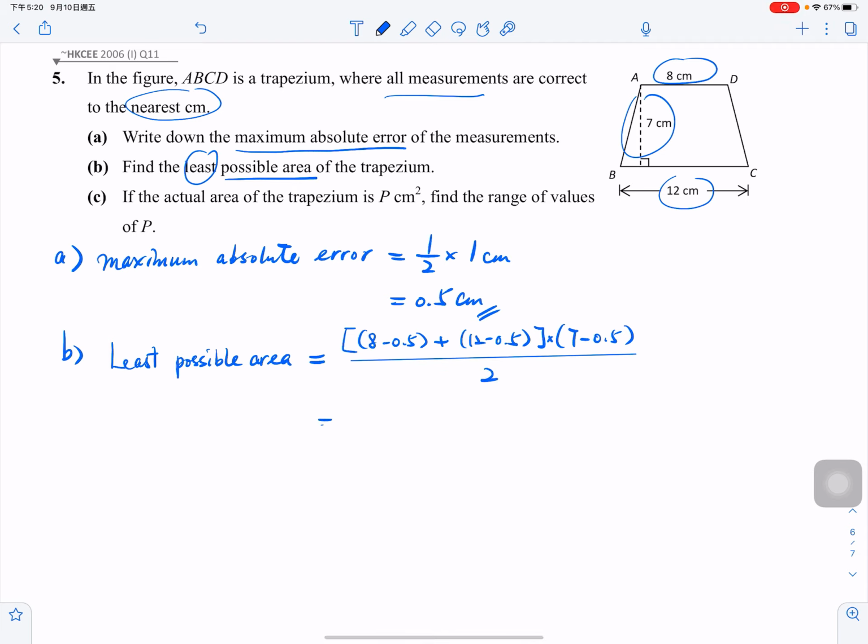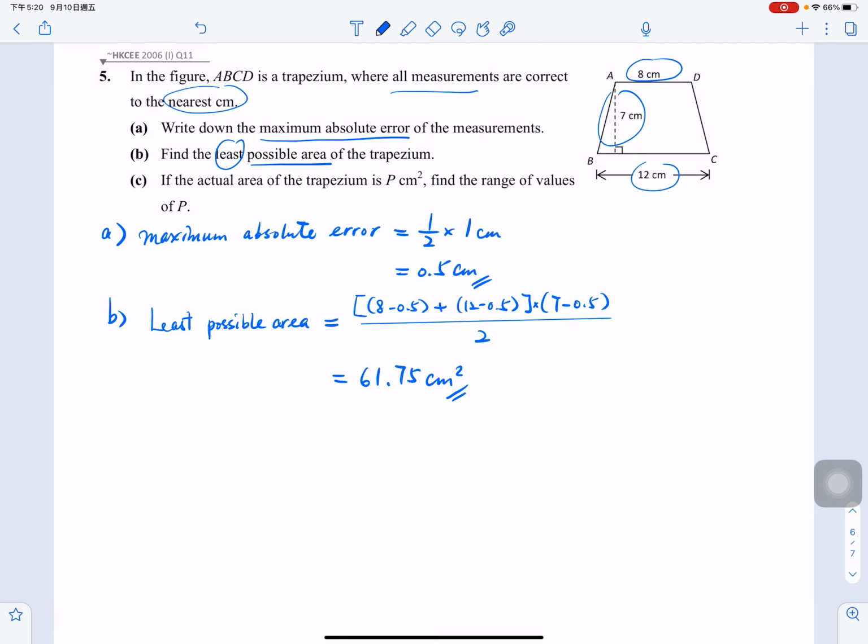Right? So 61.75 cm squared. Okay, this is the least possible area.